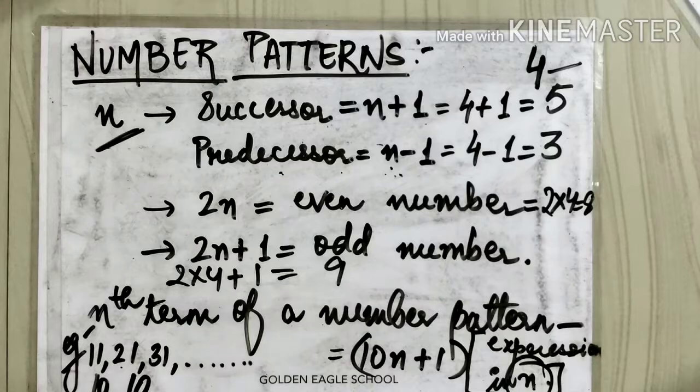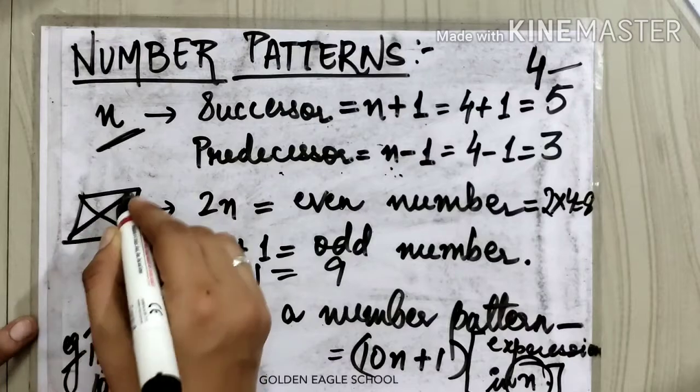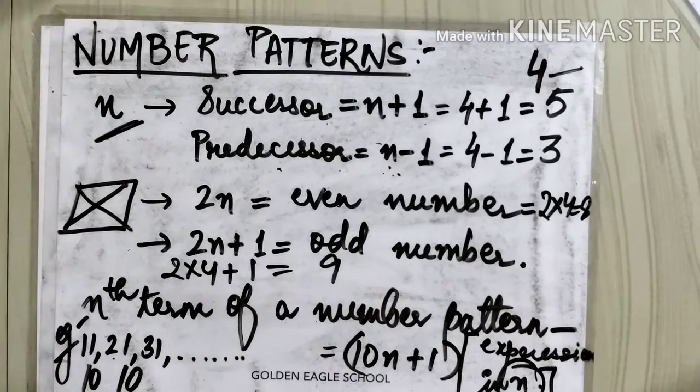Similarly, we use this in geometry also. For example, when we want to know how many diagonals we can draw in a quadrilateral. We know that when we draw a quadrilateral, of any type, we have two diagonals.